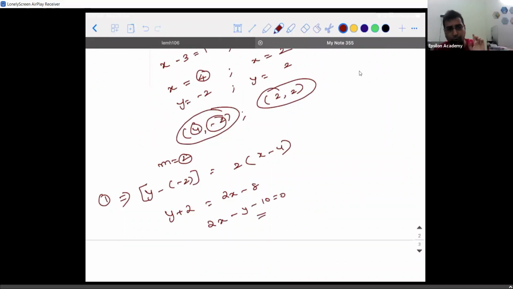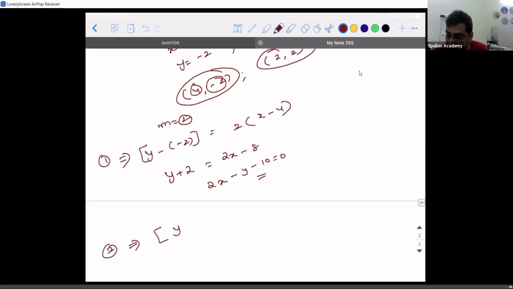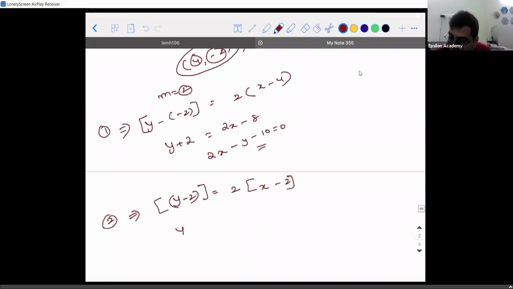That is the equation of one of the lines. What will be the equation of the second line? Y minus 2 is equal to 2 into x minus 2. So y minus 2 is equal to 2x minus 4. So 2x minus y minus 2 is equal to 0.